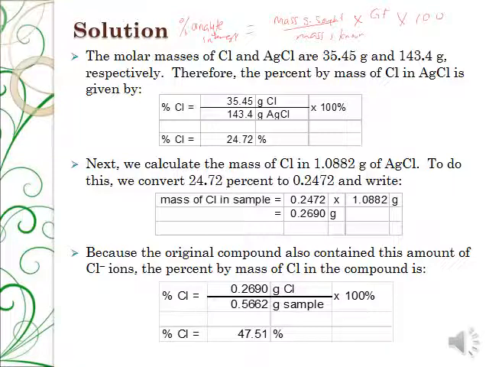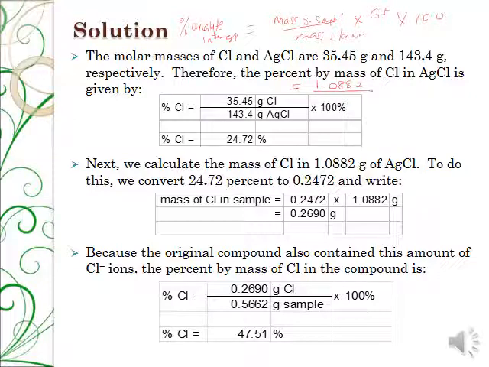So what is the mass of substance sought just now? If we refer to the earlier slide, the mass of substance sought is 1.0882.